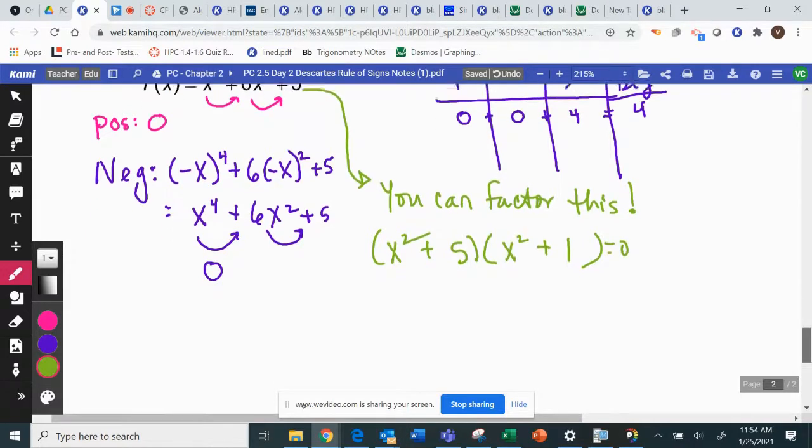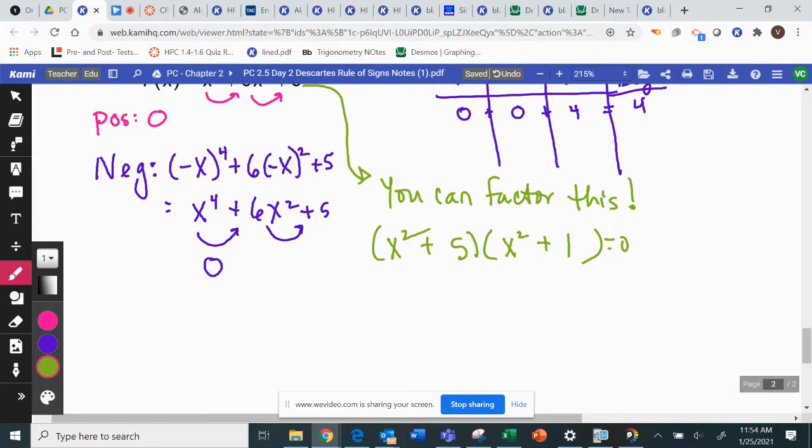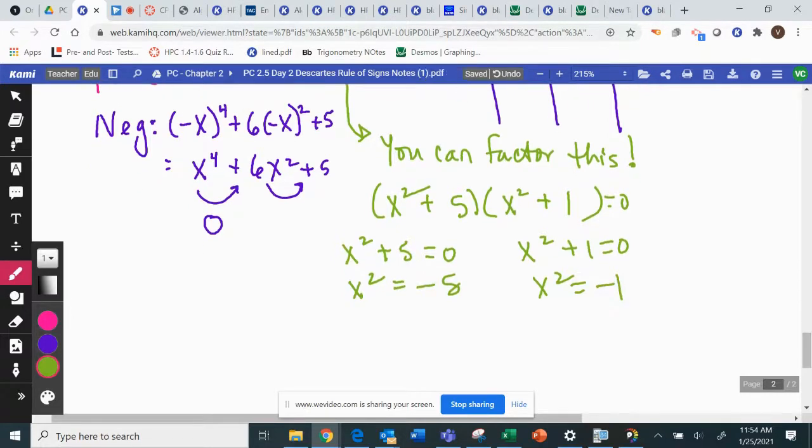From here, I can't really factor it further, but I can solve it by setting them equal to 0. And when you square root both sides of an equation, you got to put plus minus.